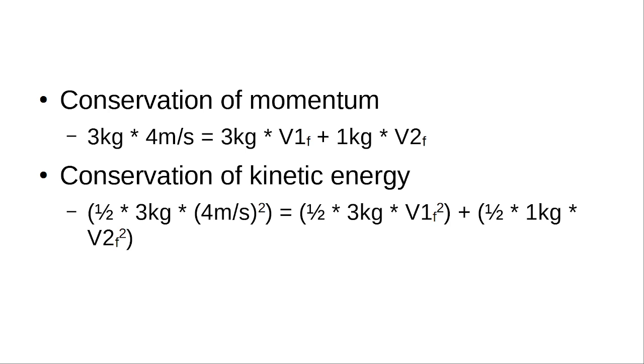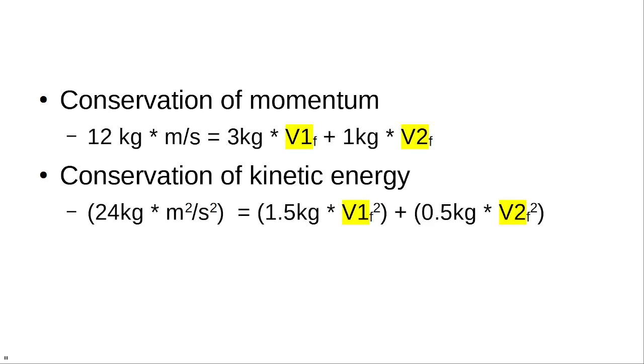We can simplify this further to get this. We have two different variables in two different equations, which is a system of equations. For the sake of time, I won't be going through the math, but it should be simple to understand how to get the answer.